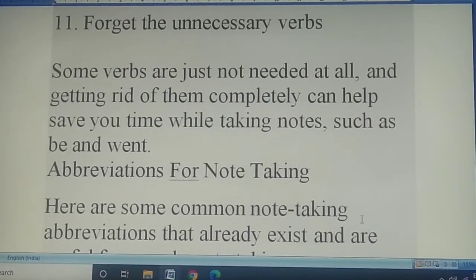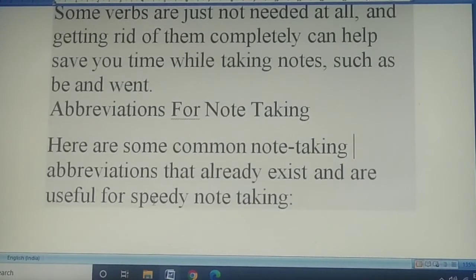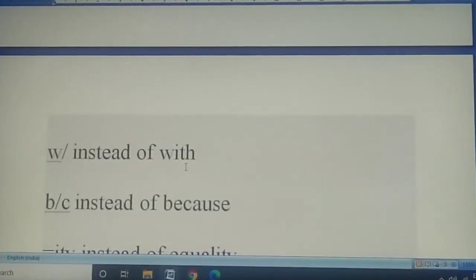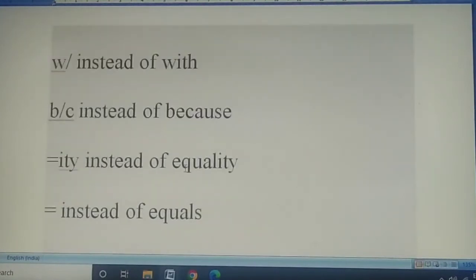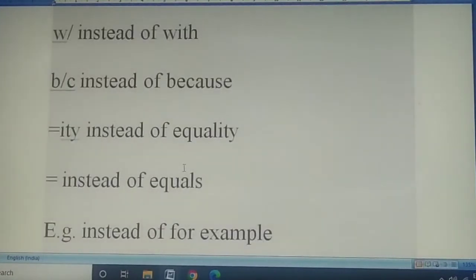Abbreviations for note taking. Here are some common note taking abbreviations that already exist and are useful for speedy note taking. Instead of with, you write W. B hyphen C instead of because.